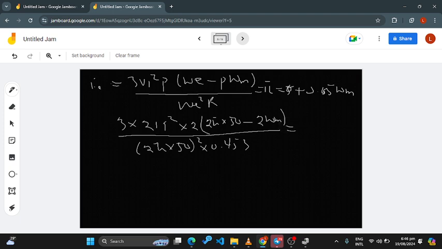This should be equal to 5 plus 0.05 omega m. So what will this part give you? 3 times 219 squared times 2, all divided by this. I want just this part.